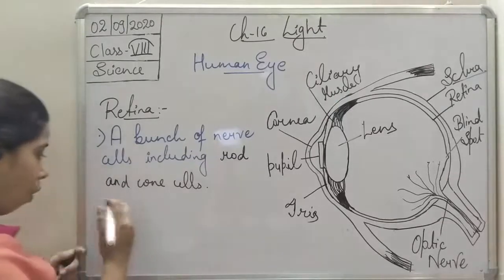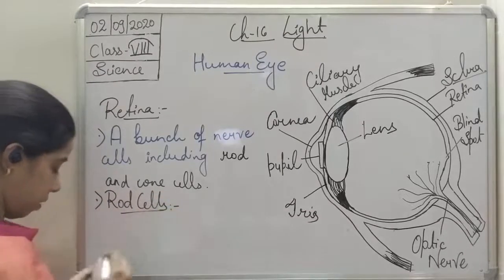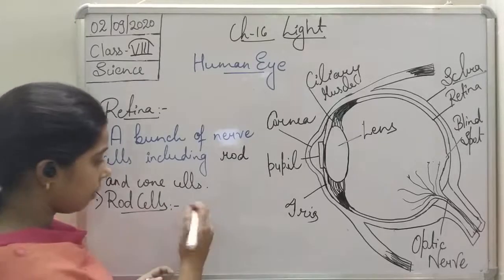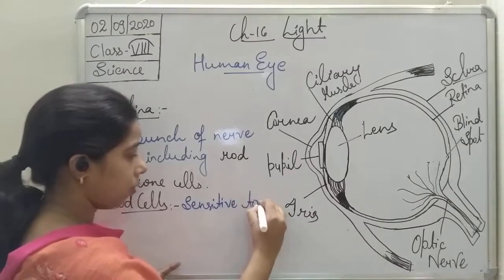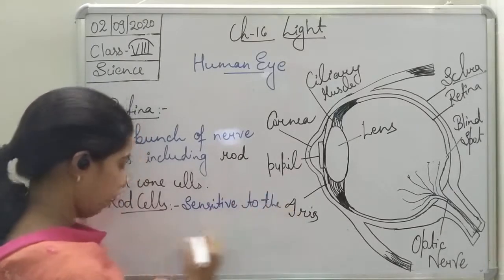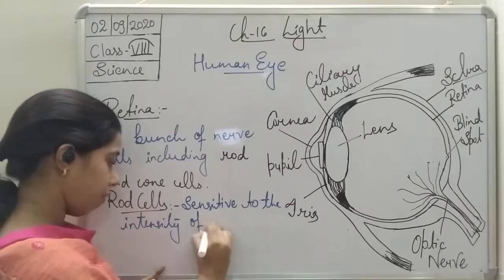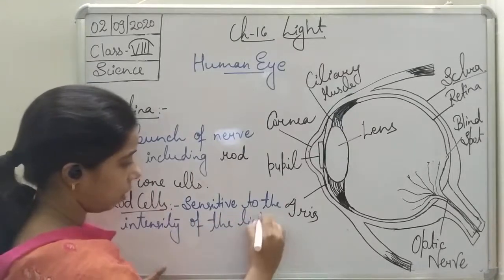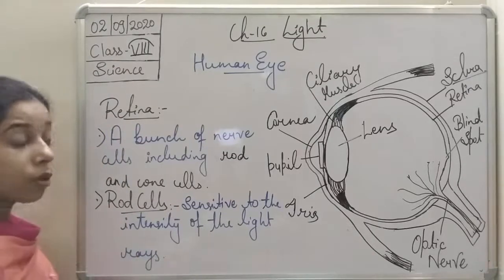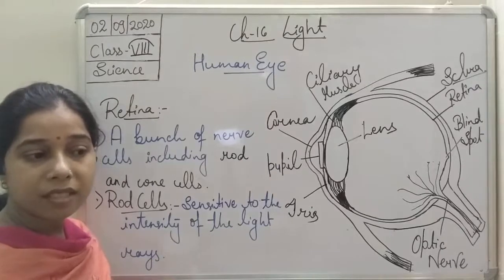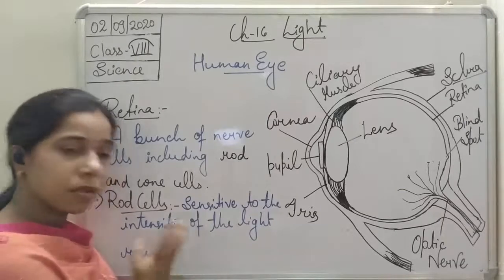Okay, so rod cells are sensitive to the intensity of the light rays which are entering into the eye. So these are the rod cells.